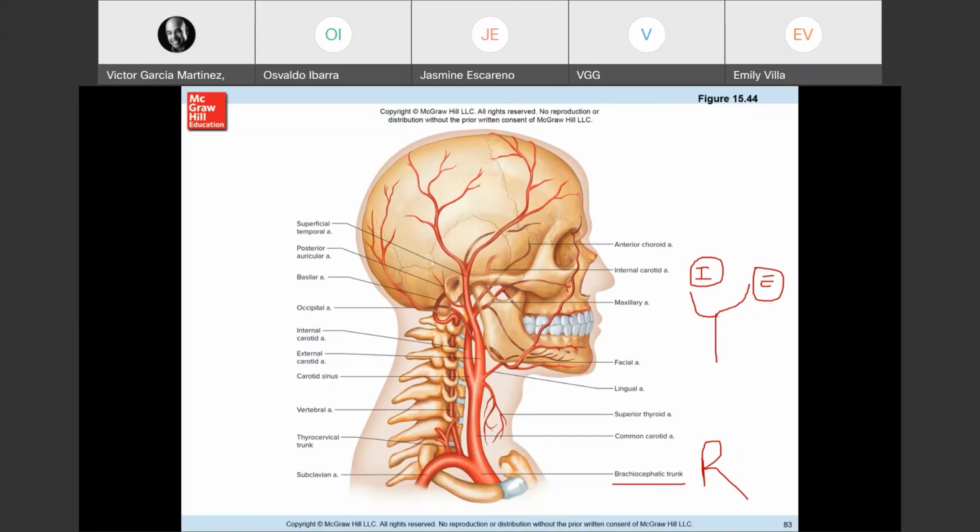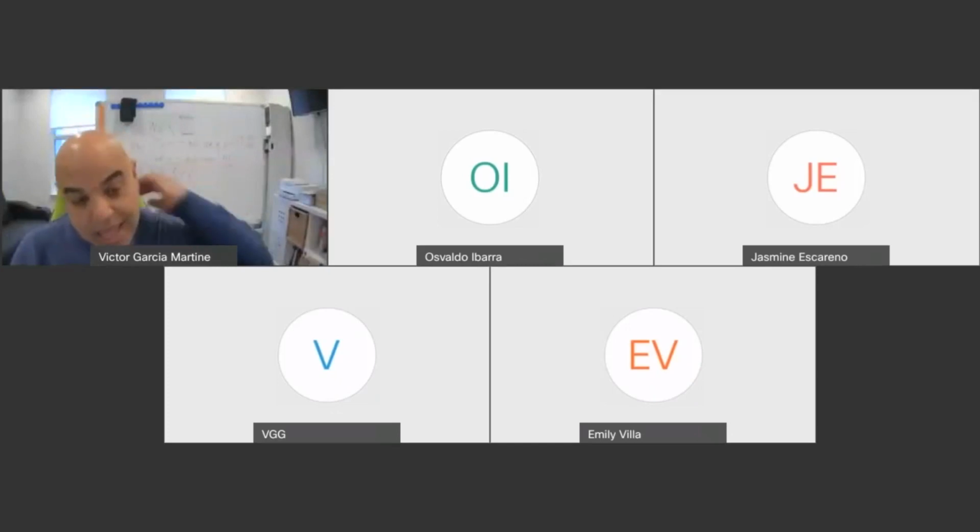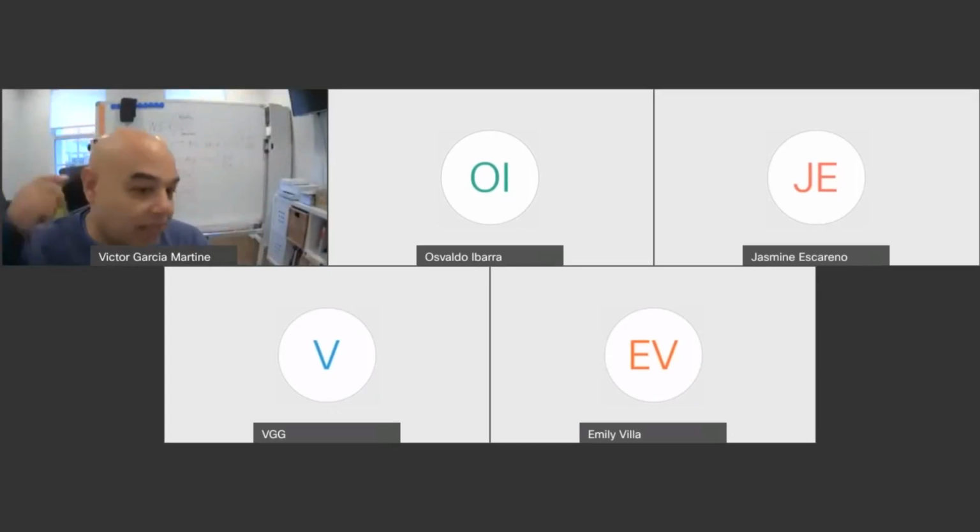And you have here a very important artery, which is the vertebral artery, which is a branch of the subclavian artery. I hope you remember our classes about the vertebral column, and you need to remember we have 7 cervical vertebrae, 12 thoracic vertebrae, and 5 lumbar vertebrae.